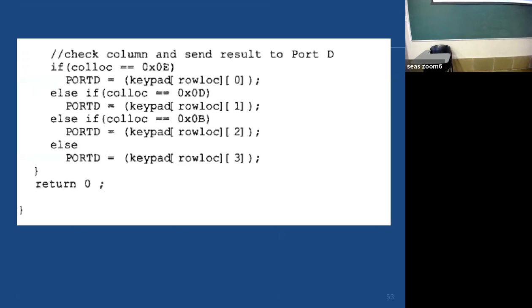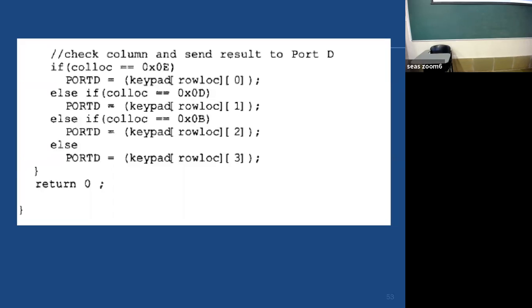So here it is. If the column location is this, then what happens? Port D will get the row location and 0. So this is E, that is the 0th column.